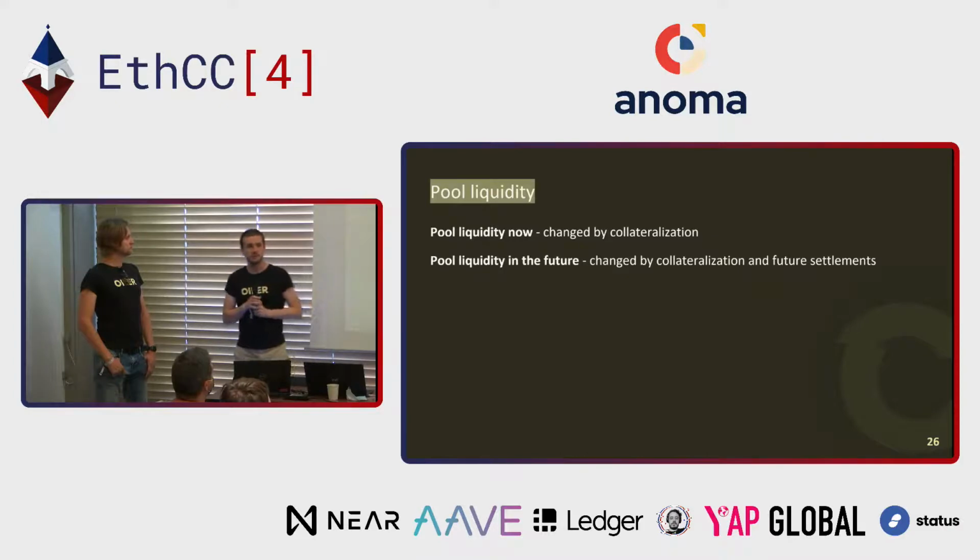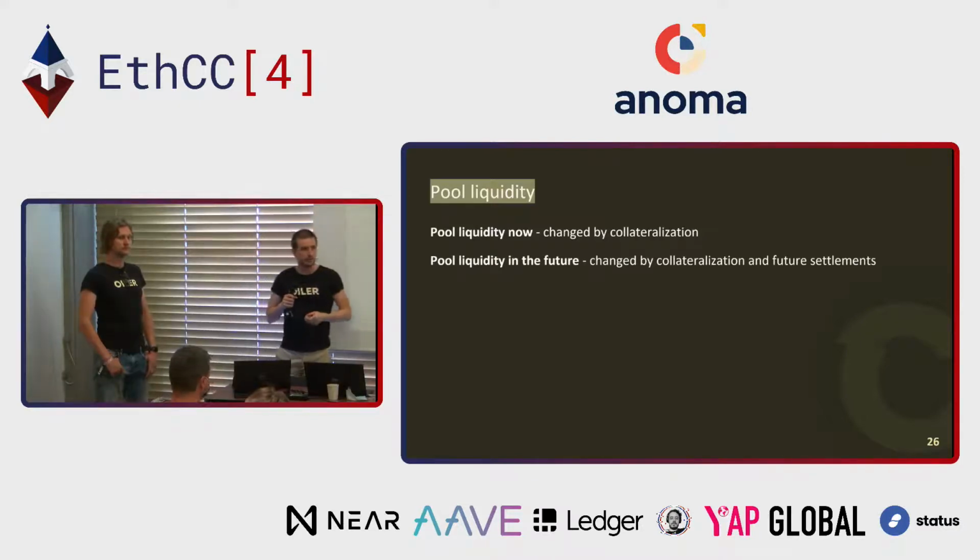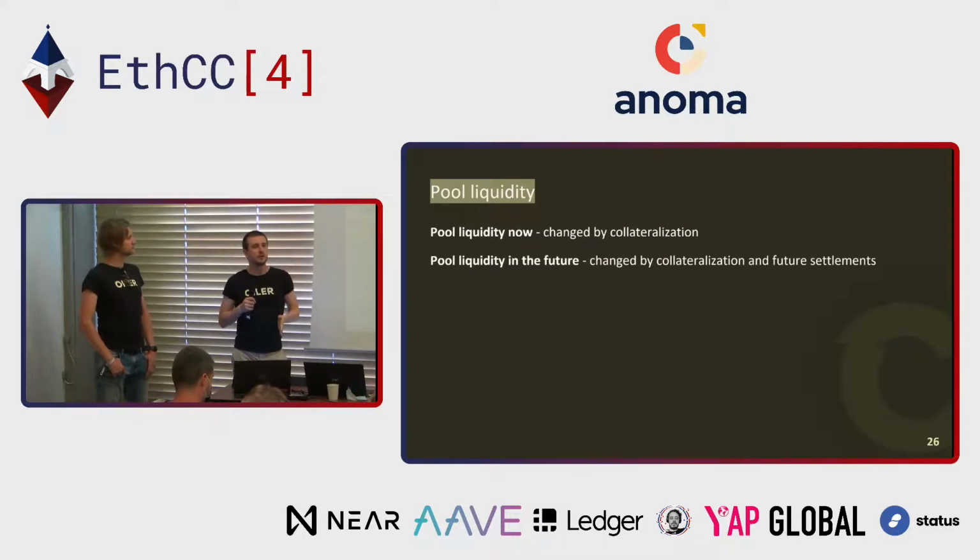How the pool liquidity behaves. First of all, we have to think of the pool liquidity nowadays. As it is, you start a pool, you provide liquidity of a few million USDC, for example, and that liquidity is available to ensure the collateralization of any trades that are happening on behalf of traders. But there is also a future liquidity of the pool that we can think of whenever we start trading.